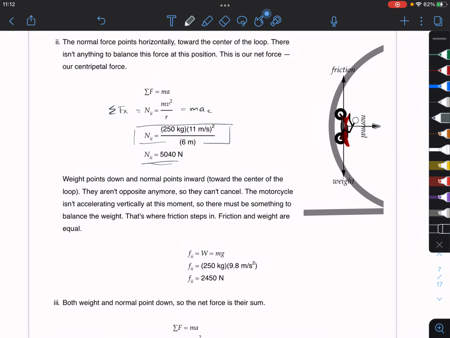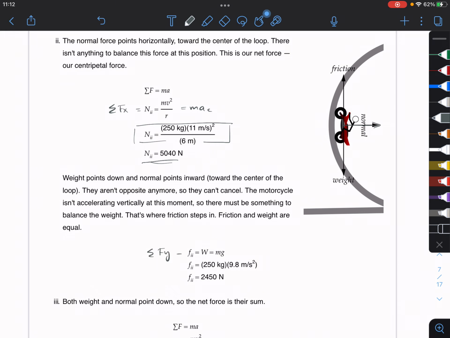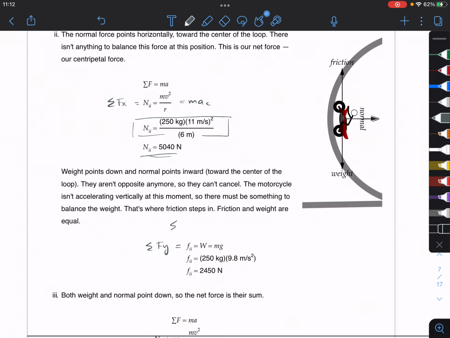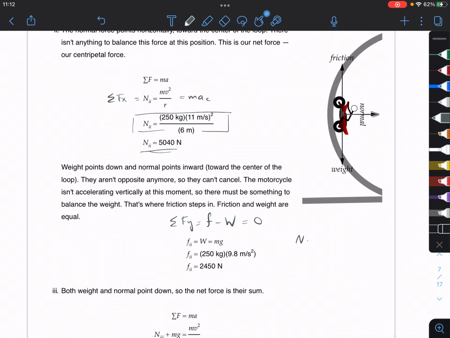Next we're doing the sum of forces in the y direction. The sum of forces in the y is equal to the frictional force minus the weight, which is equal to 0, because we're not accelerating up. We want these forces to be balanced, and moving with constant velocity is not the same as acceleration.